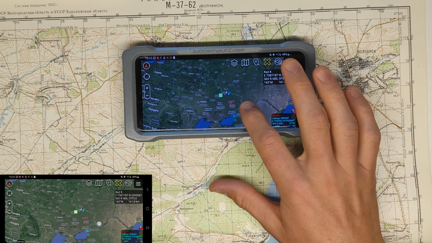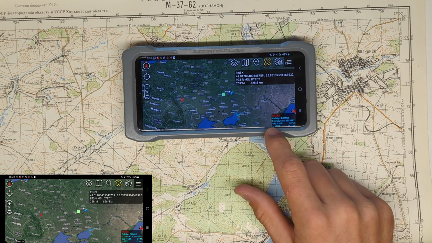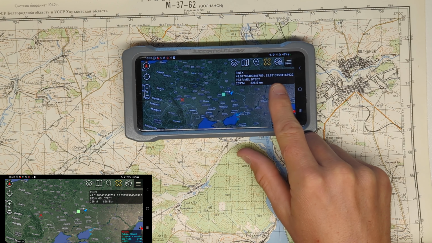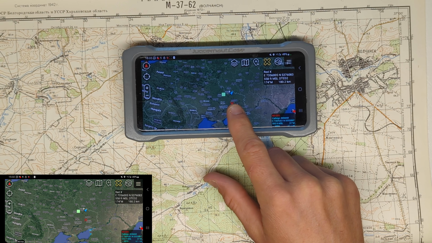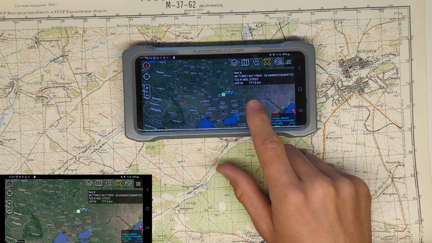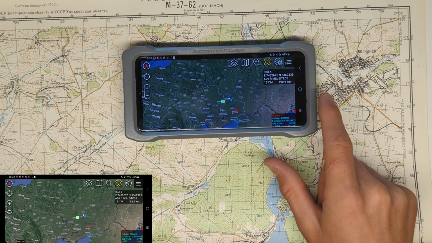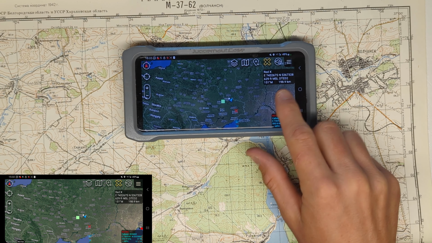There's Eastern Ukraine, and then there's Western Ukraine. The reason all these digits are much longer when I switch from the east to the west is that Western Ukraine is a different datum than the east. So this is what you should be seeing.